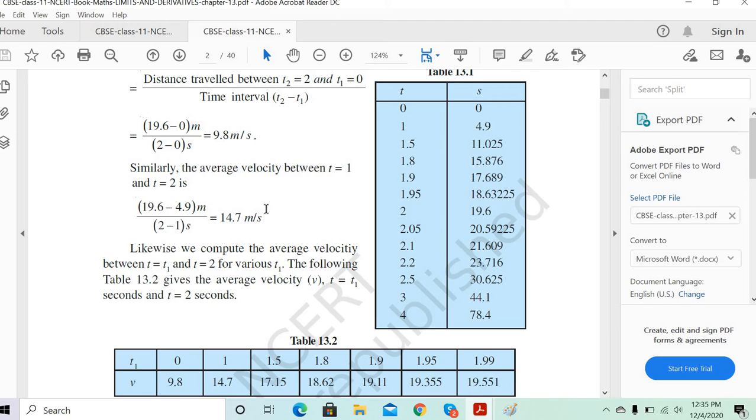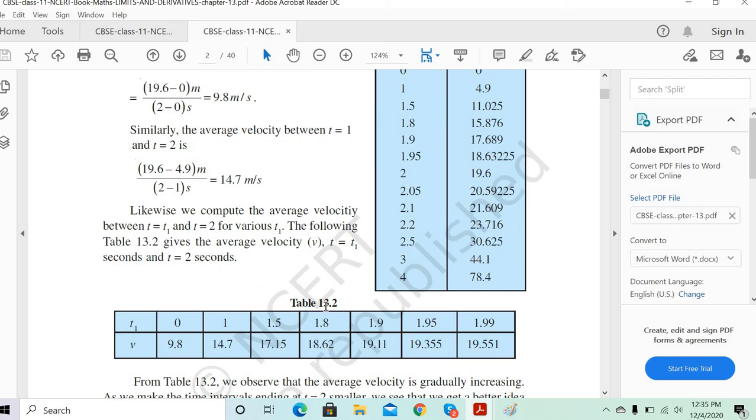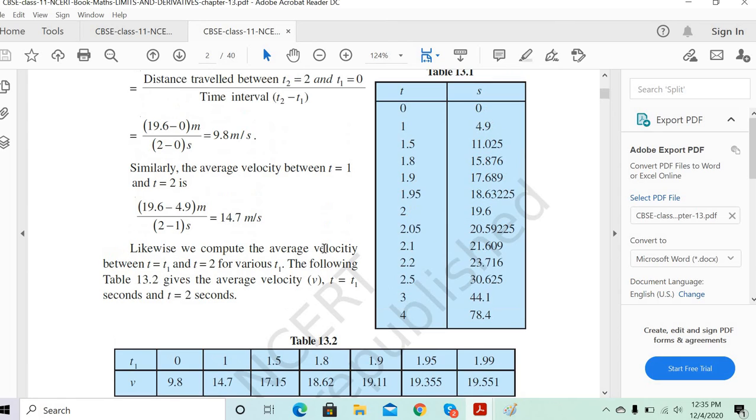So it takes the distance traveled at T2 and T1, subtracts those two, and divides by T2 minus T1, which is the time interval. Correct. Yes, absolutely correct. So based on table 13.1, you have derived 13.2. Clear? Understood?